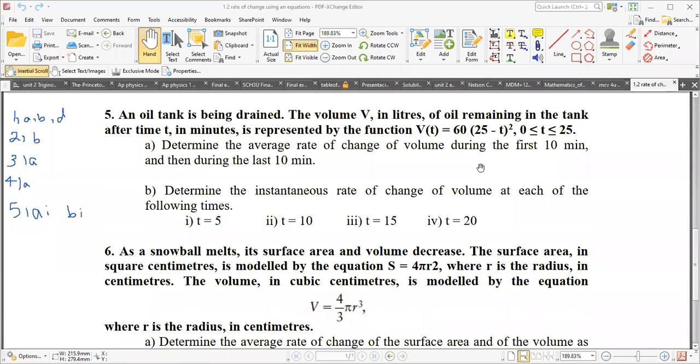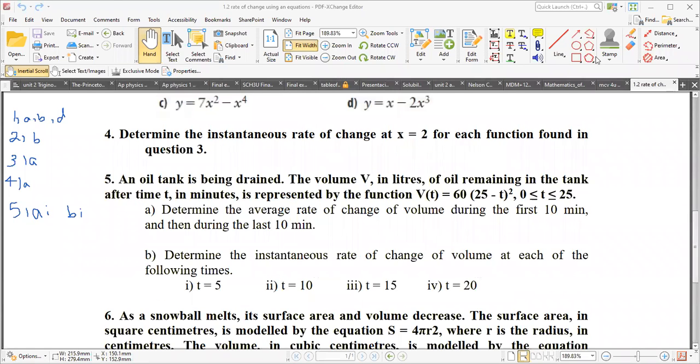Okay, those are the questions you do on this worksheet.